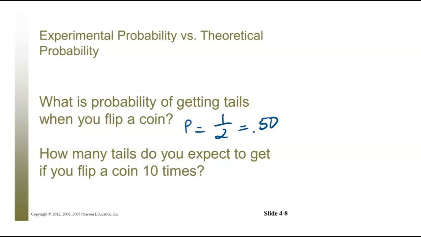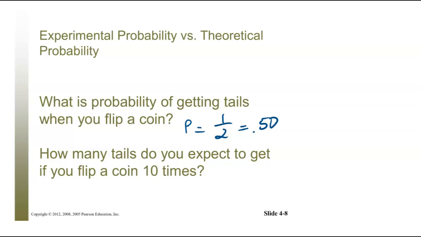Now, what if I worded it a little differently and said, how many tails do you expect to get when you flip a coin 10 times? We can still do this without going through the experiment. We would expect half the time to get a tail, so it would be 5 out of 10.